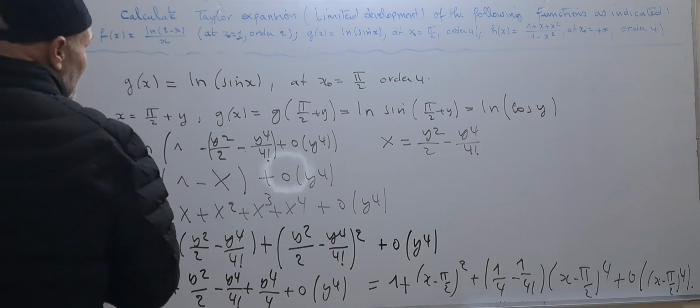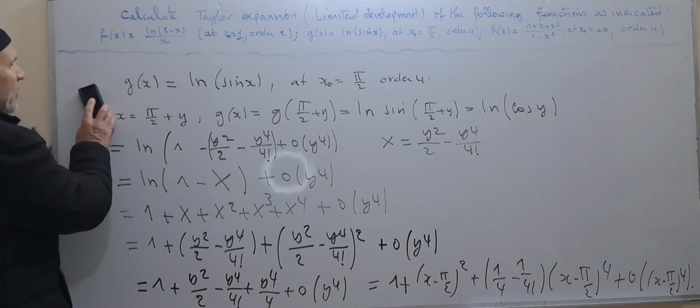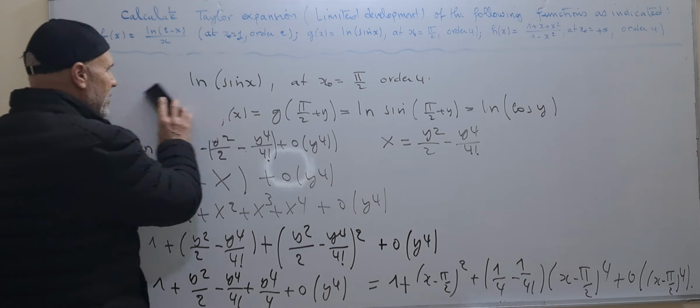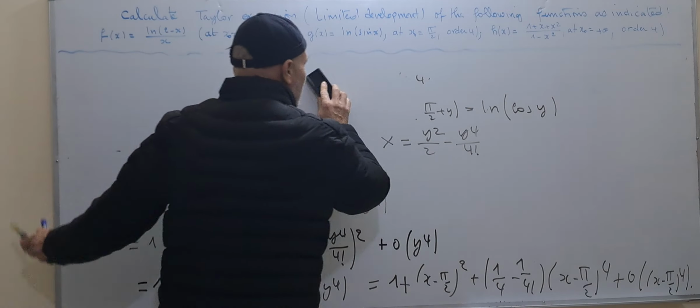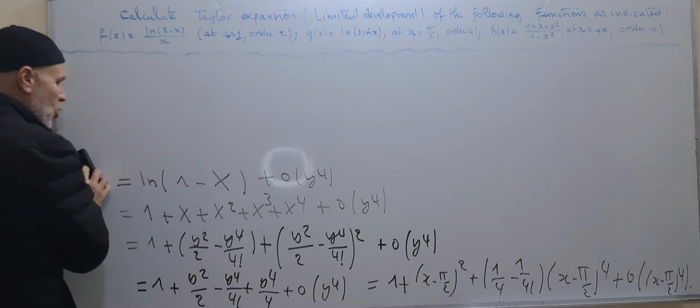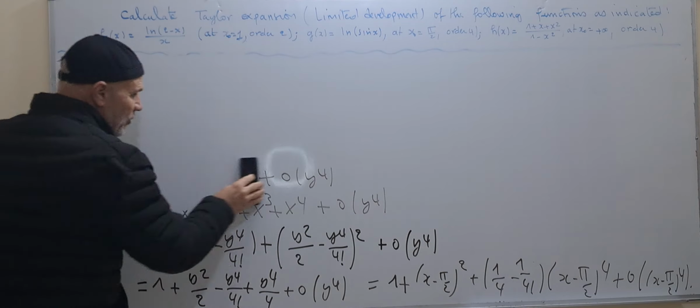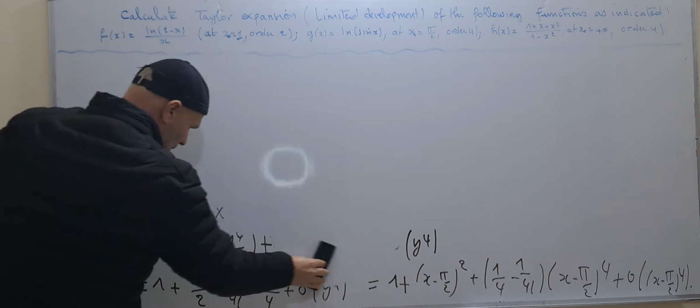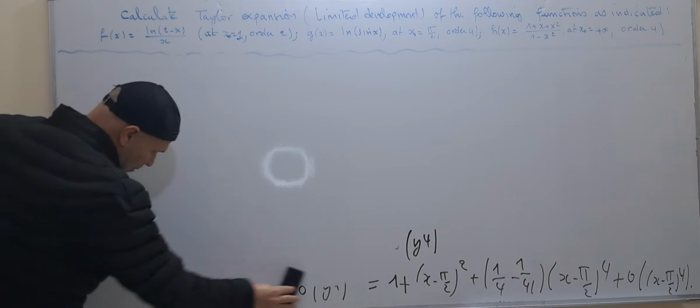Let us move to the last one for this video. I will make in a few minutes another video about more hard questions about Taylor expansion, just before this one.